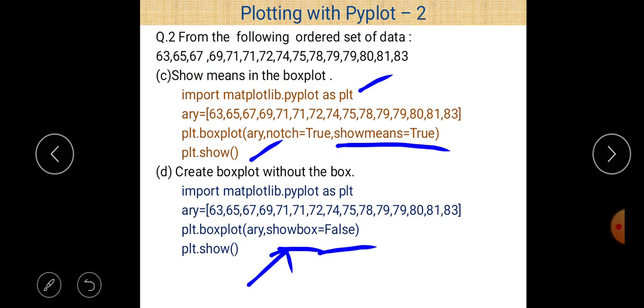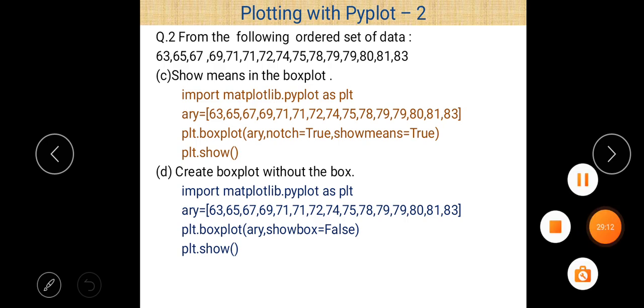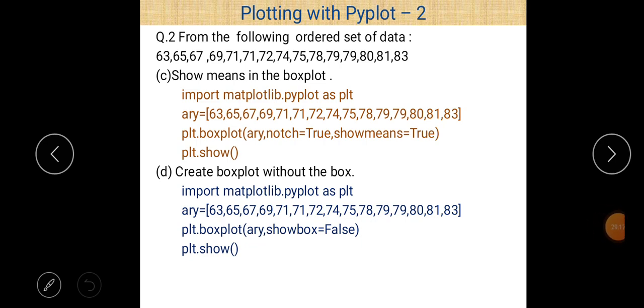So that is the question related to box plot. Now I think you are able to understand different types of questions related to box plot and histogram. That is the last part regarding the matplotlib library. And now all the concepts related to the matplotlib library are covered, and in our next video we'll solve all the numericals.